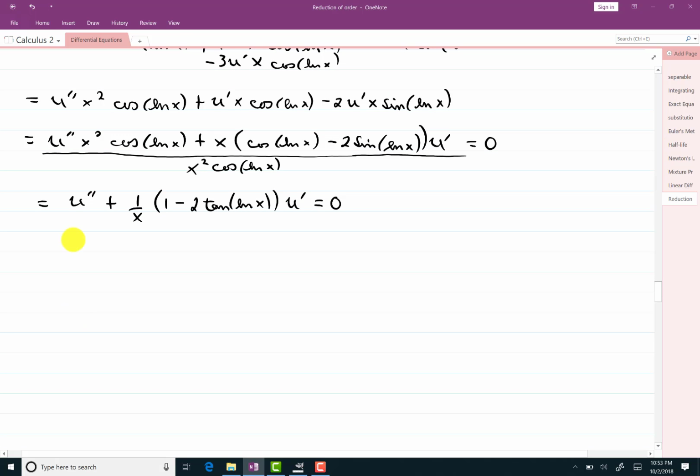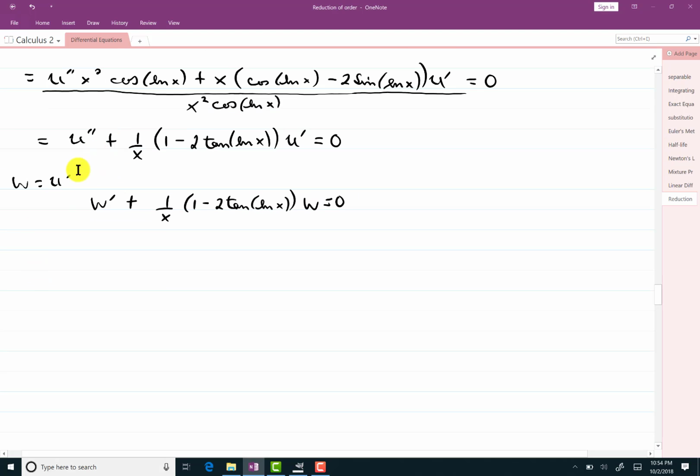So then next we're going to let w equal u prime, so the equation becomes w prime plus 1 over x times 1 minus 2 tangent of ln of x, times w. That'll equal 0.